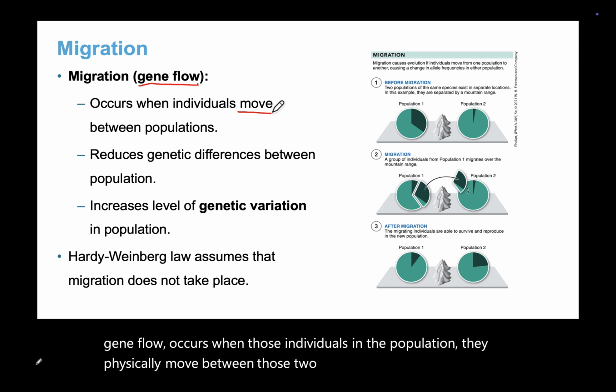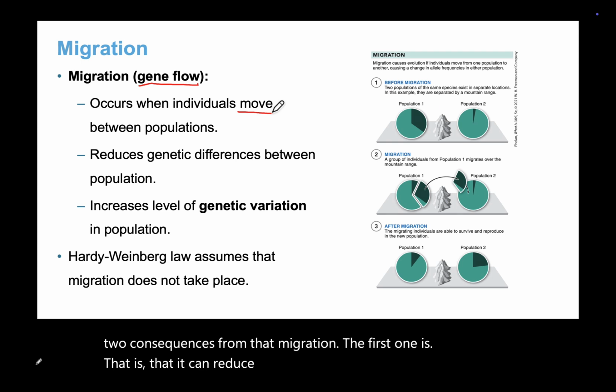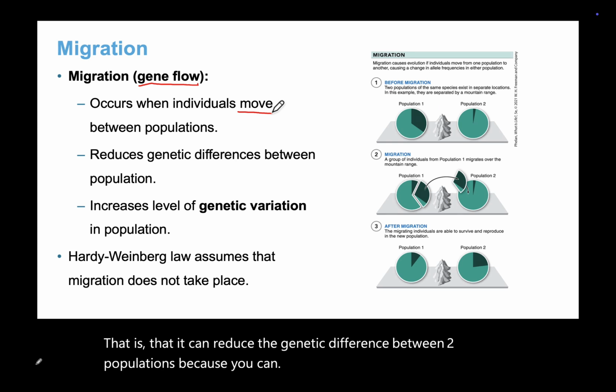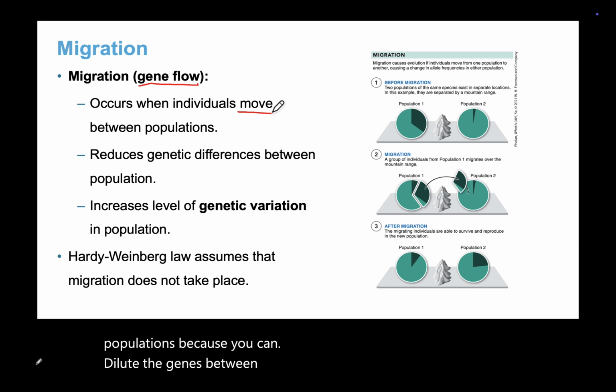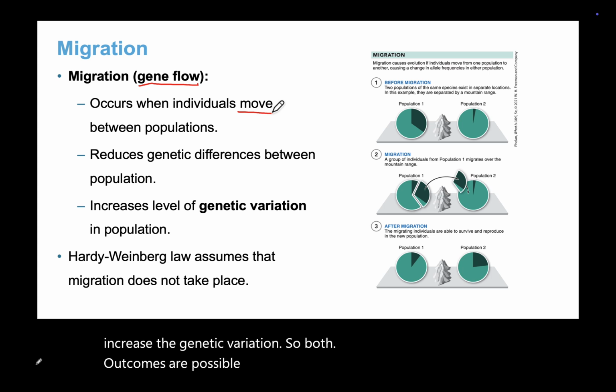Okay? There are two consequences from that migration. The first one is that it can reduce the genetic difference between two populations, because you can dilute the genes between those two populations, or it can increase the genetic variation. So both outcomes are possible from migration.